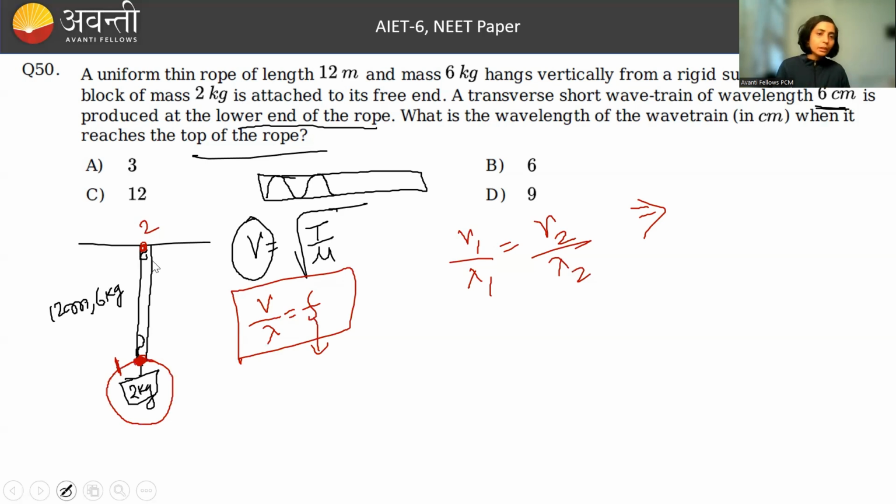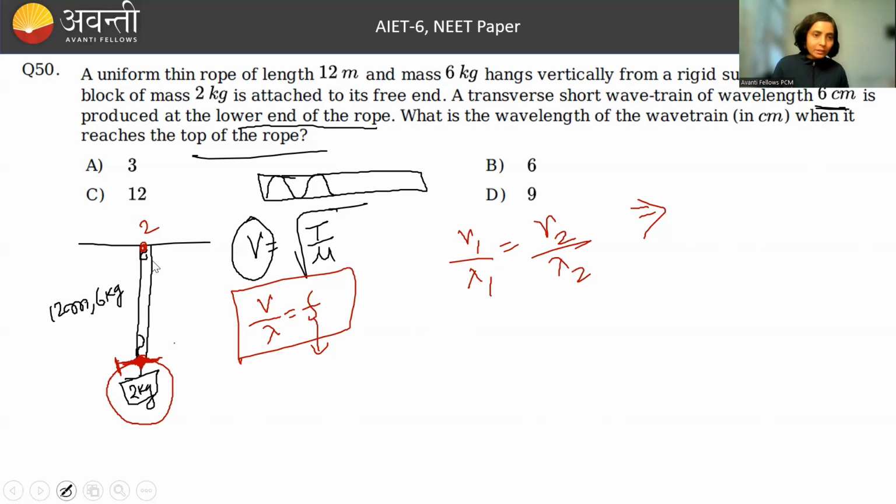Because if something is hanging, tension will arise from whatever mass is below it, because that mass, because of gravitational force, will stretch the rope. So below this point, how much mass is there? 2 kg. So the weight of this 2 kg mass will stretch this point, and that will create tension at this point.